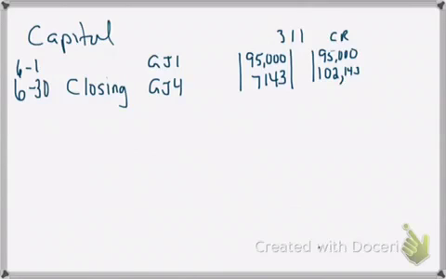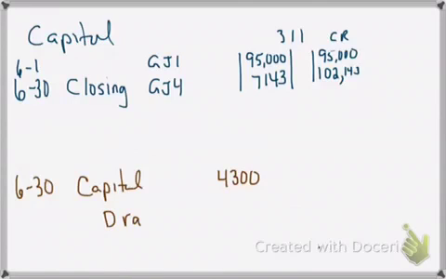So the journal entry that I would be looking at on 6/30 would be the capital account, and the balance that I had in the drawing account was $4,300, and so that would go for the drawing, because I do want that drawing account to be zero.